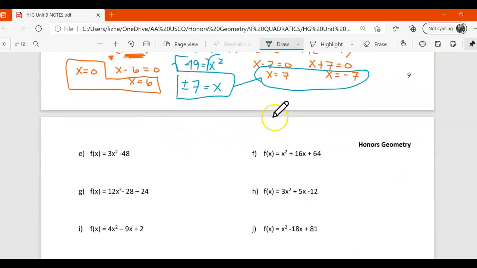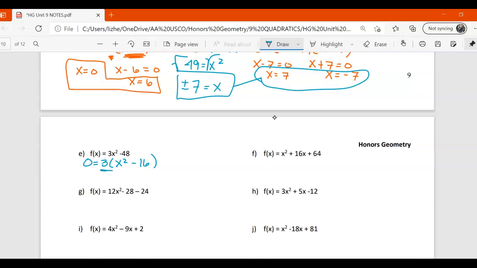Okay. E. First rule of factoring, take out what's in common. So I'm going to put in a 0. I am going to take out a 3, and I have x squared. Oh my goodness. What is 48 divided by 3? 16. There you go. And so, first of all, because notice here, there's no variable with that 3.